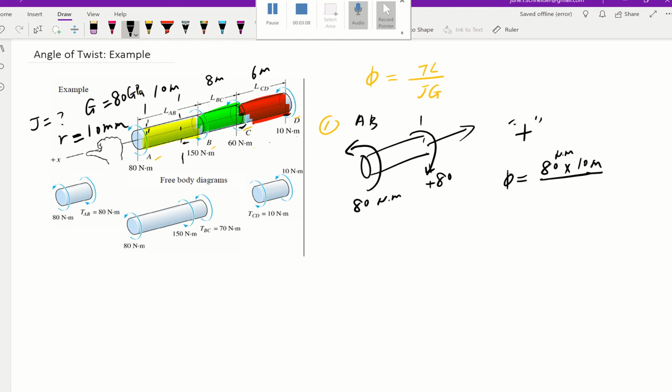Knowing that, we put our J and G here. J will be half pi times R to the fourth, with R being 10 millimeter. That's going to be our J, and for G, it's going to be 80 gigapascal.